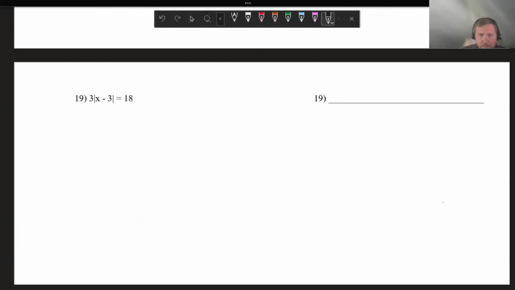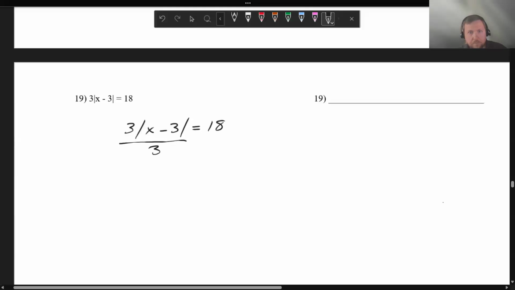Okay, so 3 times the absolute value of x minus 3 is equal to 18. And one thing I can do is divide both sides by 3. So I have the absolute value of x minus 3 is equal to 6.